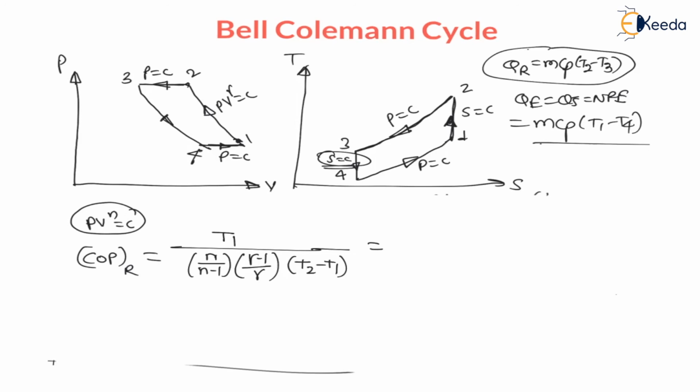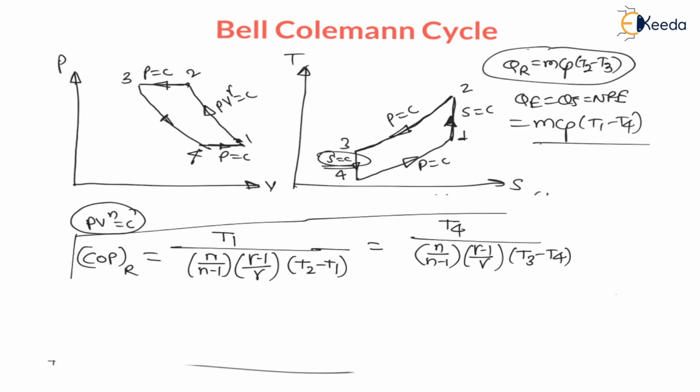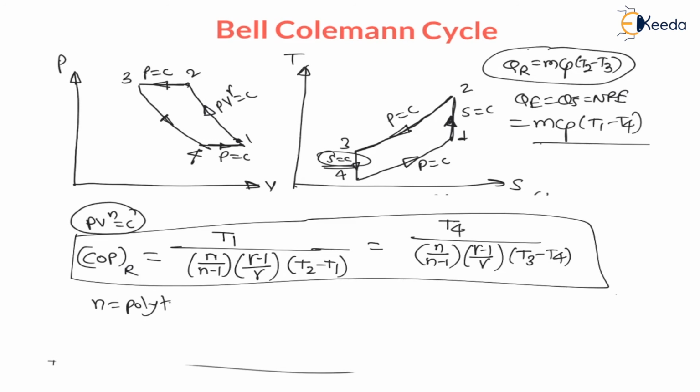And in terms of T4 and T3, that is for expansion process, it is T4 divided by [(n minus 1) into (gamma minus 1) divided by gamma, into (T3 minus T4)]. This is a general expression to find COP of Bell-Coleman cycle if expansion and compression processes are polytropic, where n is polytropic index and gamma is adiabatic index.